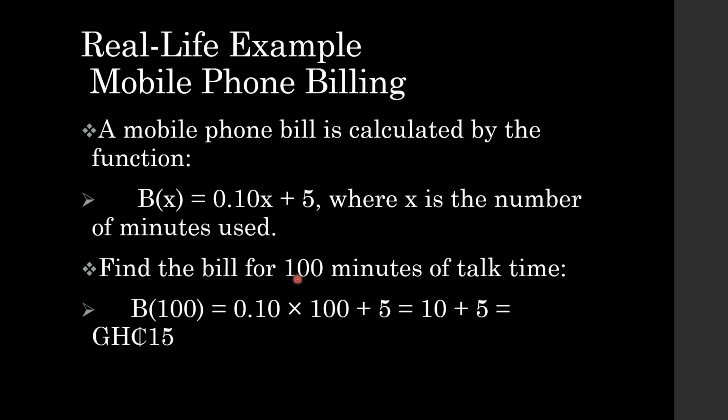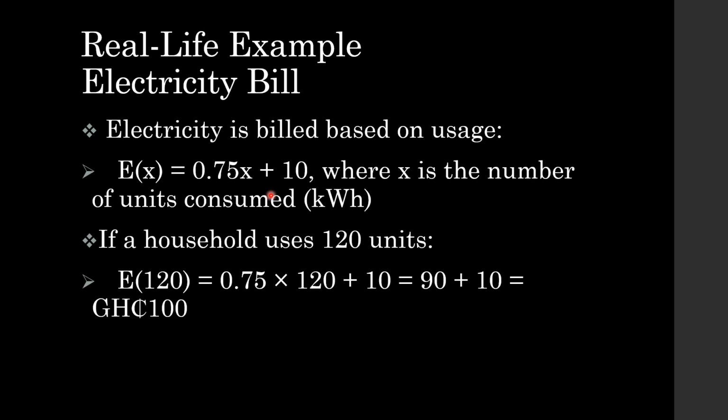So find the bill for 100 minutes of talk time. It means that anywhere I see x, I will substitute the input, which is 100 minutes, to see the output, which is the cost when you use the mobile phone for 100 minutes, and the cost will give us 15 Ghana cedis.